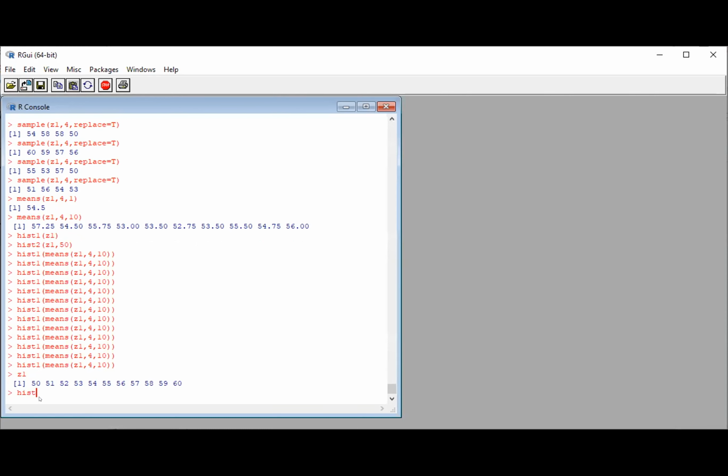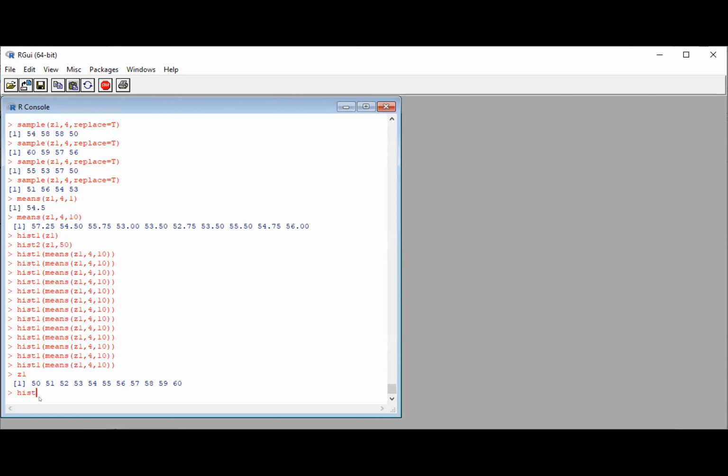Now I can pick some samples from this. So if I pick a sample of size 4, I get some numbers like 58, 57, 53, 60.